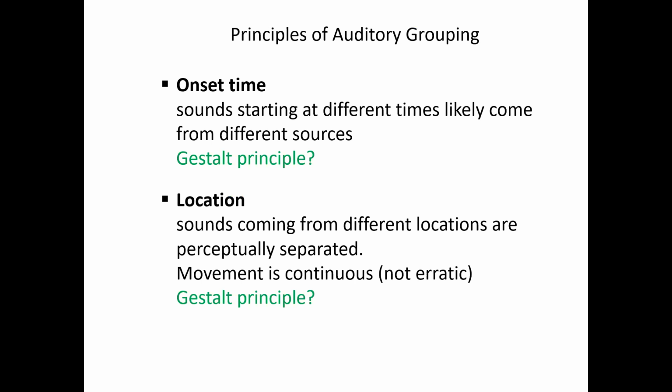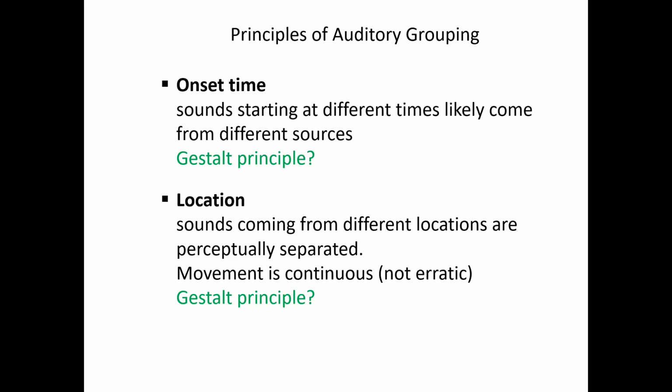So some of our principles of auditory grouping: one is onset time. Sounds that start at different times likely come from different sources. Even if we all started playing or singing that A at the same time, with my guitar, my singer, and my piano player, there's going to be some slight variance.